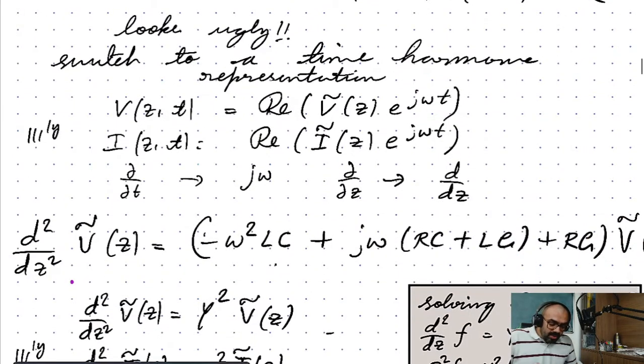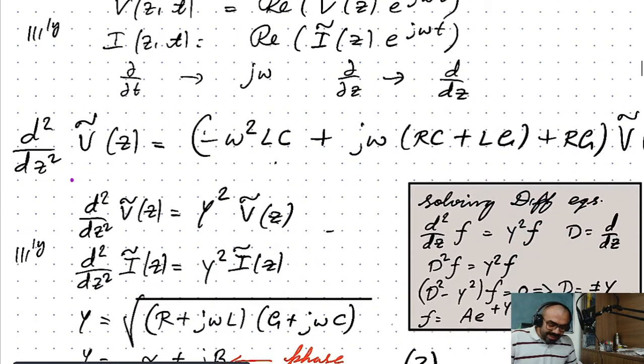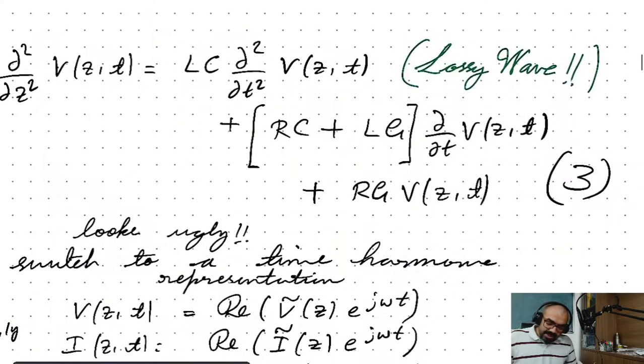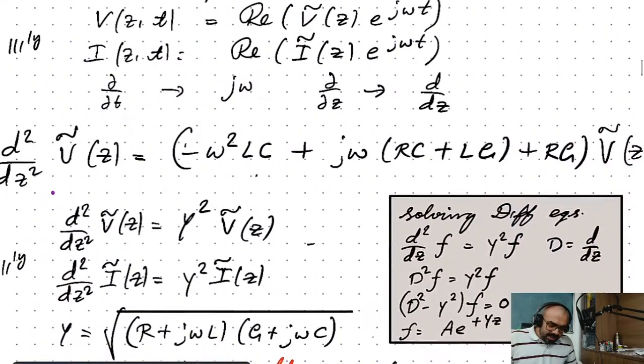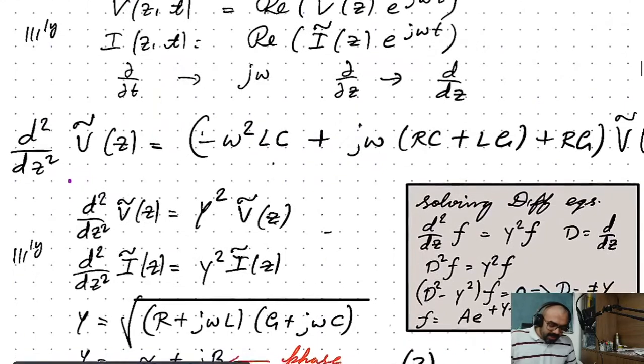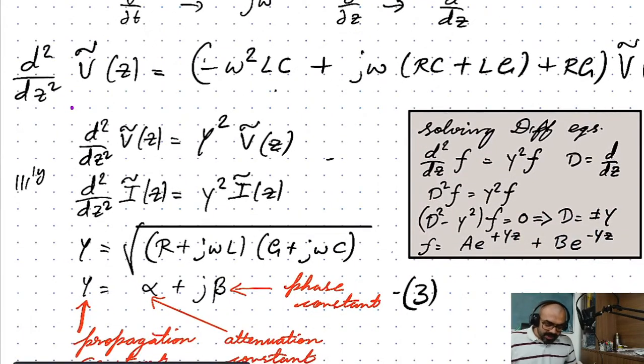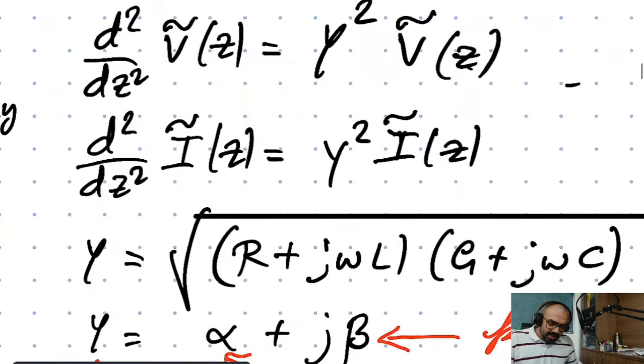Okay, when you do the time harmonic representation, remember the time derivative simply becomes a jω, and the partial derivative with respect to z becomes a single ordinary derivative with respect to z. Doing that gives you, basically, I'm going to take this equation 3 and apply these modifications, and after some algebra you're going to realize now the equations look somewhat nicer.